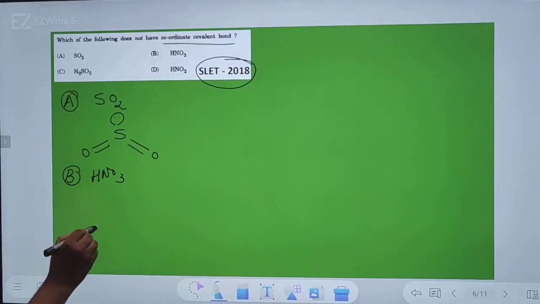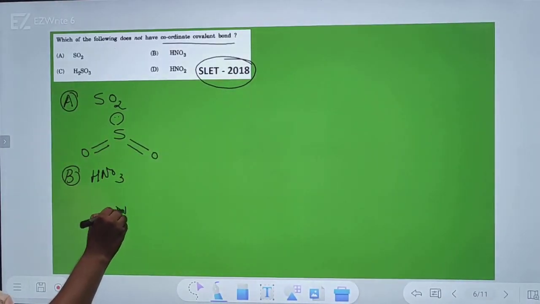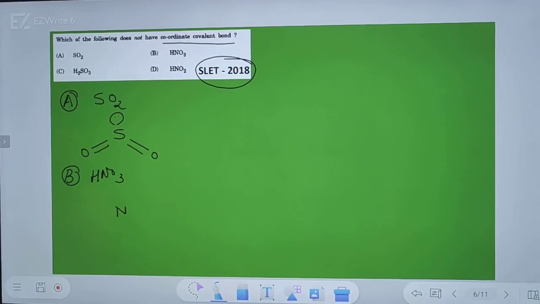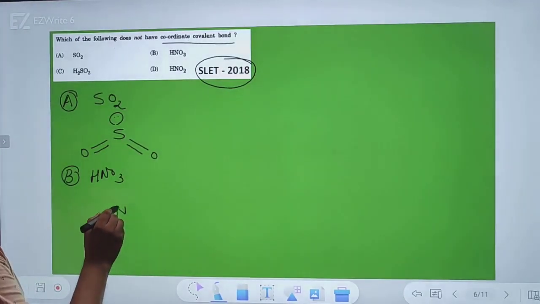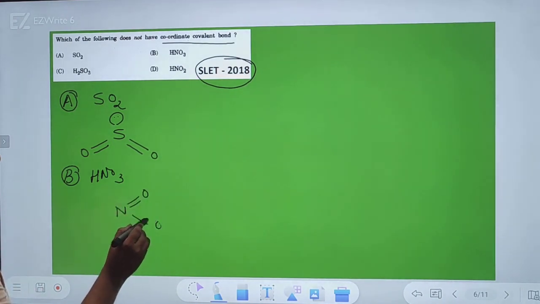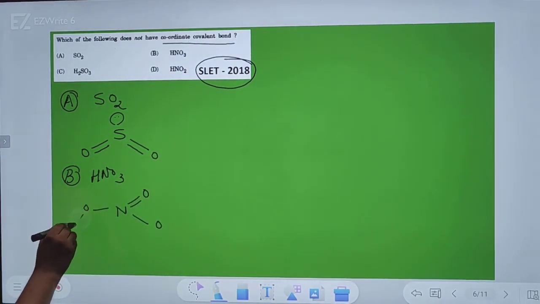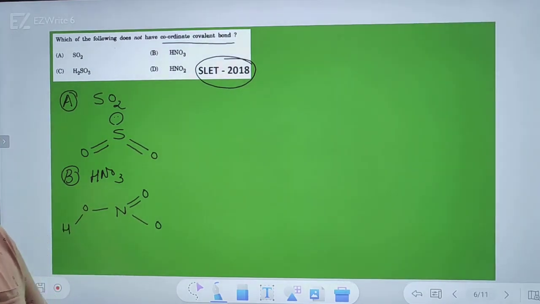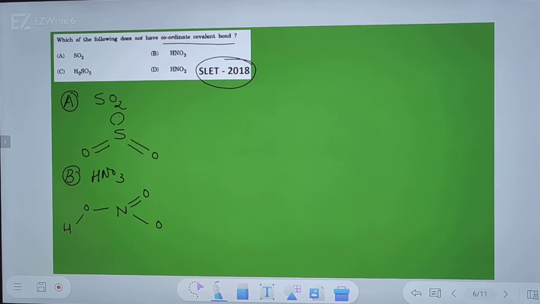HNO3. Whenever we say HNO3, we have a nitrogen. This particular nitrogen has two bonds over here, one bond O and H, yet I am maintaining a suspense regarding the covalent coordinate bonds.